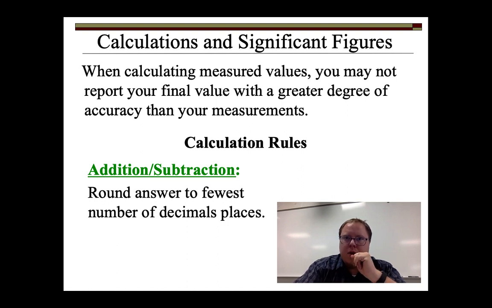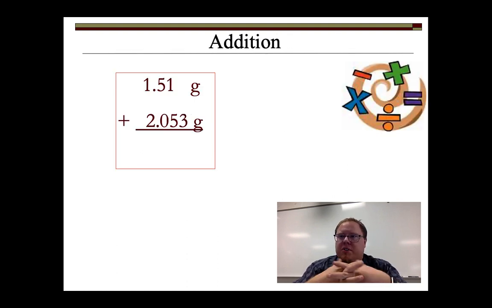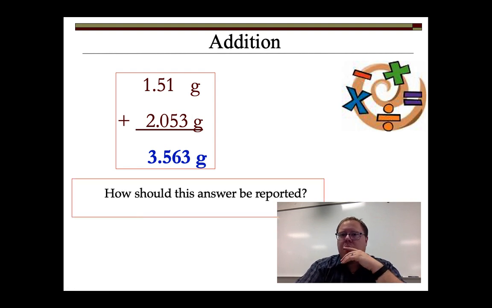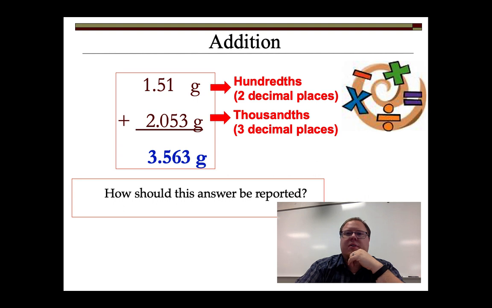All right? So addition here, I'll give an example. I have 1.51 grams plus 2.053 grams. Okay, I was measuring mass, and then later I measured mass again with a different balance, so I was able to get it to the thousandths place instead of just the hundredths place. So I add them together. Calculator says 3.563 grams. How should I report that? Well, I want to look at how many decimal places they have.